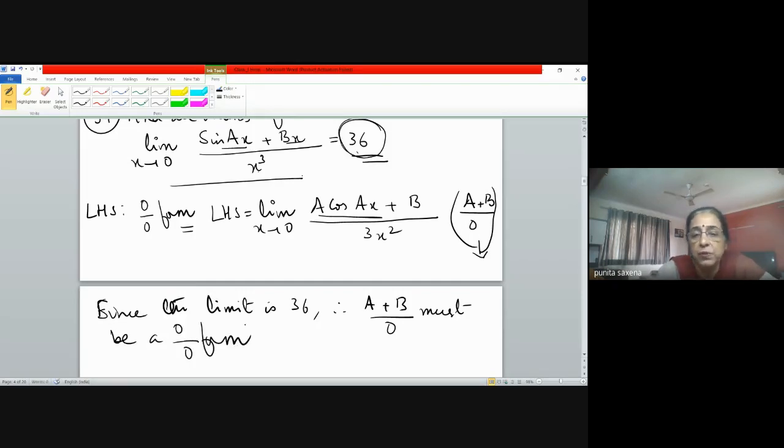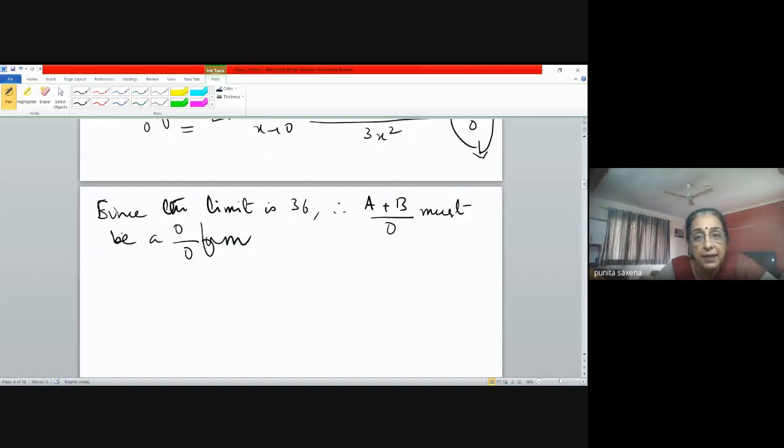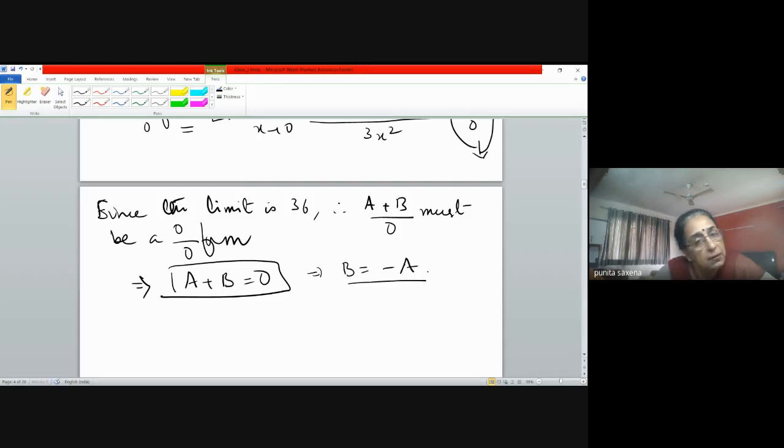And for this to be a 0 by 0 form, what condition do we need? That means our a and b should be such that a plus b is 0. ये एक equation आ गई हमारे पास. Right? So a plus b is 0 का मतलब क्या हुआ? My b should be nothing but minus a.